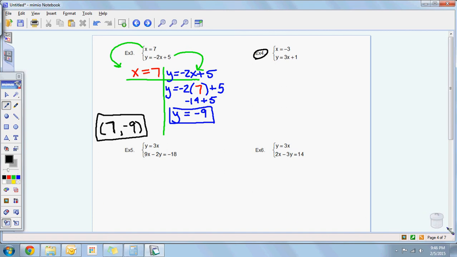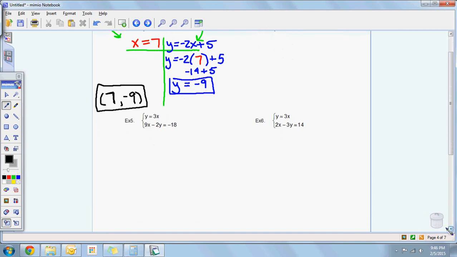I'm going to show you one of these examples down here, and you guys are going to try the next one on your own. So to solve this system, you're going to set up that t-chart. On this side, I'm going to write this equation, y equals 3x. And I'm going to write my second equation over here, 9x minus 2y is equal to negative 18.